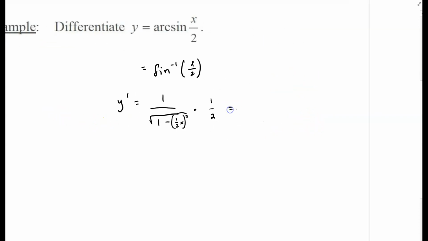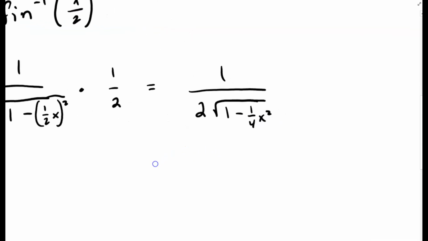Okay, so I'm going to go ahead and rewrite this as 1 over 2 times the square root of 1 minus, now 1/2 x times 1/2 x gives us 1/4 x squared. And in order to put this in the format that we want, I'm going to suck this 2 into the radicand.